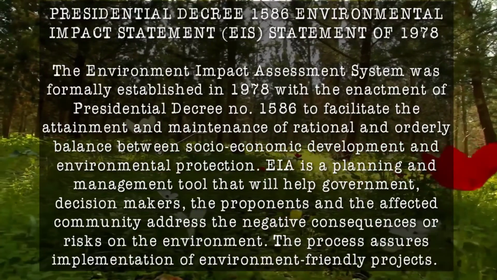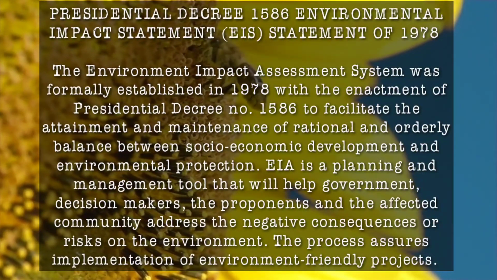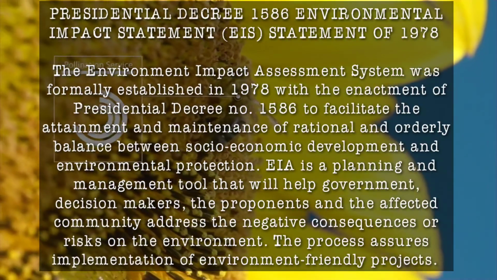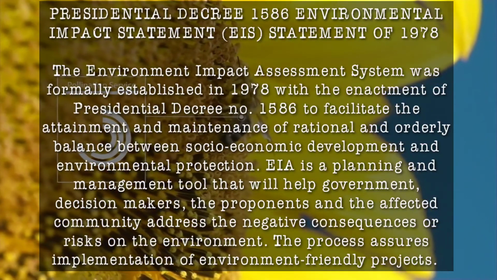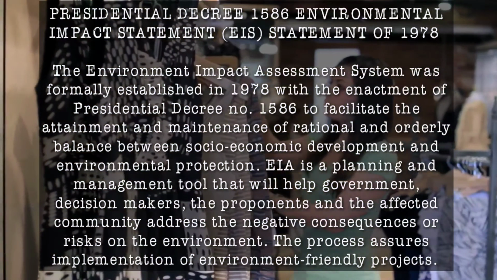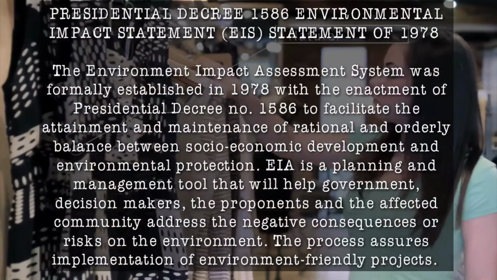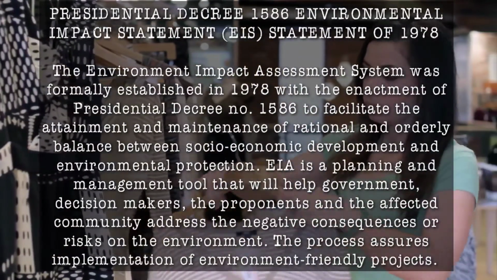The Environmental Impact Assessment System was formally established in 1978 with the enactment of Presidential Decree 1586 to facilitate attainment and maintenance of a rational and orderly balance between socio-economic development and environmental protection. The process assures implementation of environment-friendly projects.